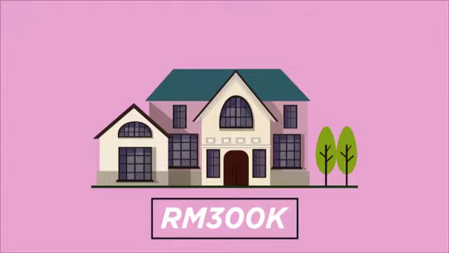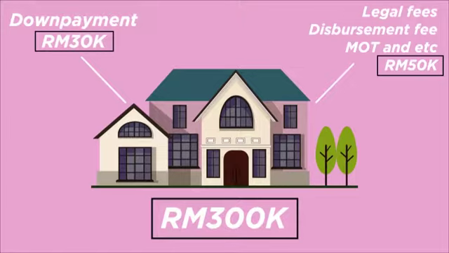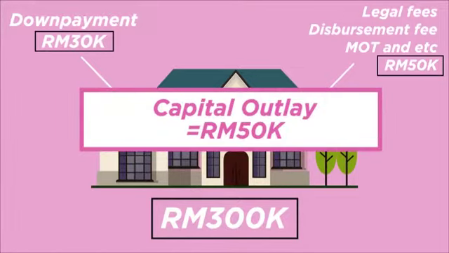For this 300k, I'm going to look into the total capital that I fork out. For example, the down payment is 30k, plus all the legal fees, disbursement fee, MOT and so on. Let's say assuming it totals up to 50k. So my capital outlay for this property is 50,000, right?